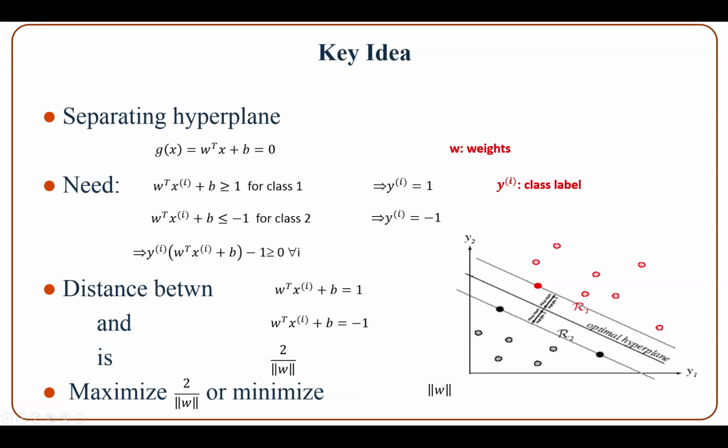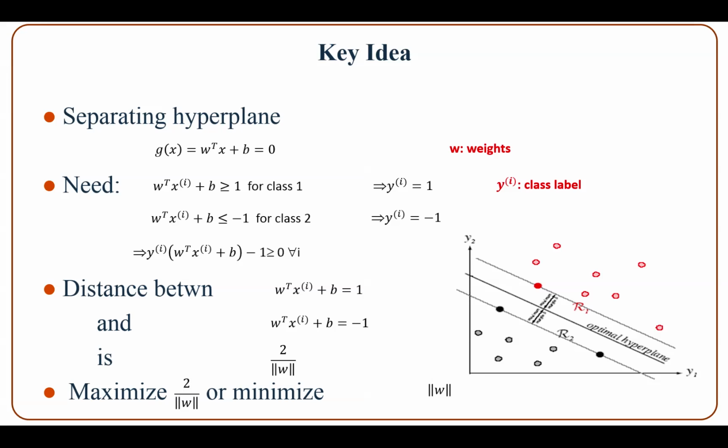And for points of x in class 2, we want g of x less than or equal to -1. From the two conditions, we get to this. This form summarizes both conditions.